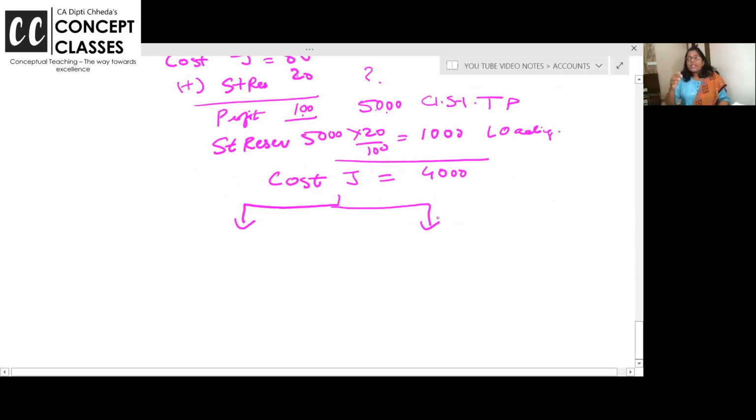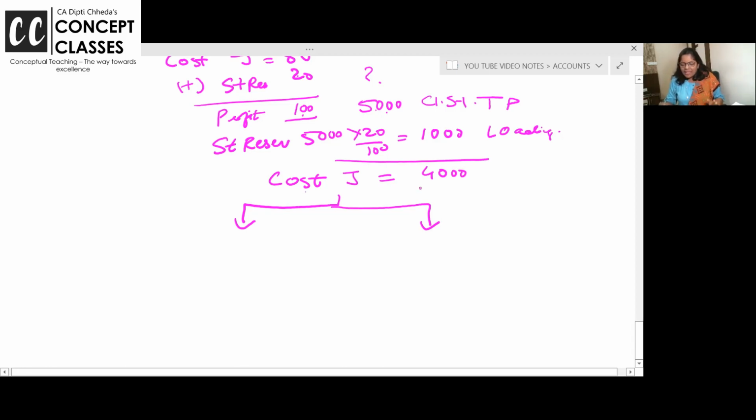No, he got from I. So I to J, J to K, whatever goods are with K, it is having J's loading, and indirectly in J's stock, it is having I's loading. Are you getting?